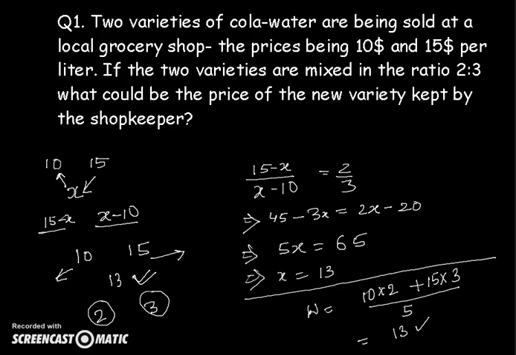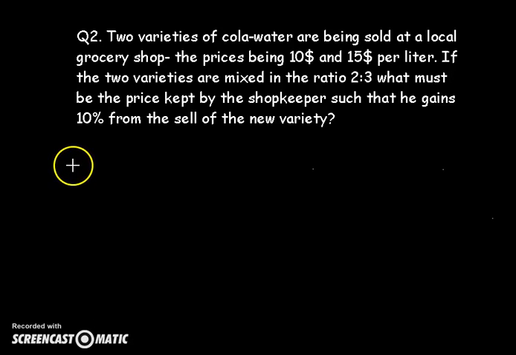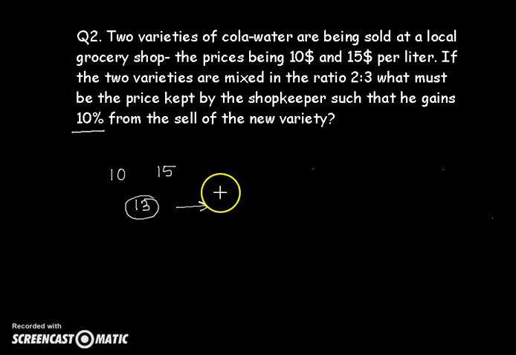Let us try another one. Now the second question is exactly the same as the first one, only that 10% is what the shopkeeper is now trying to gain by selling the new mixture. So as we already know that 10 and 15 were the individual prices and we had the new price as 13, now on top of this price he wants to gain 10%.